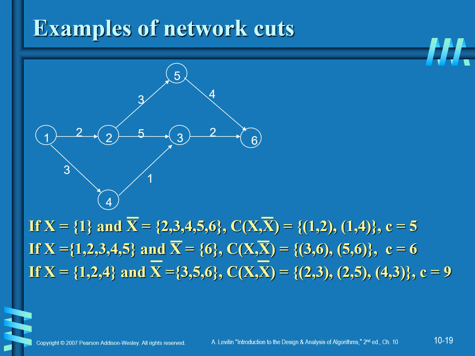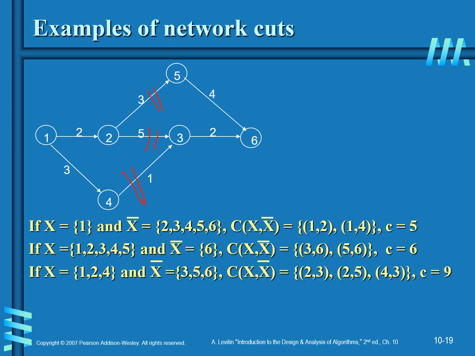There may be more than one cut. Another cut is (2,3), (2,5), (4,3). If you remove only two of these edges, you can still find a path: 1 to 2, 2 to 5, 5 to 6, or 1 to 4, 4 to 3, 3 to 6.